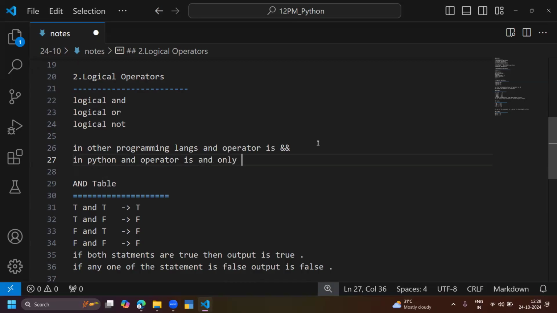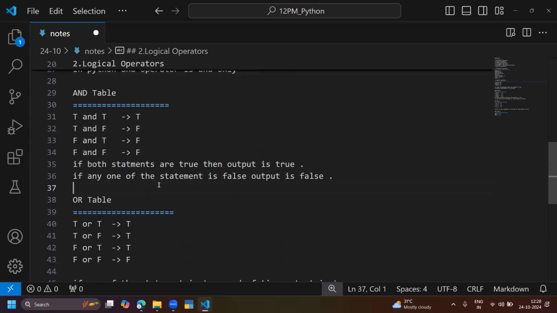In other programming languages, the AND operator is the double ampersand symbol. But in Python, it is "and" only. The OR operator is the same thing.